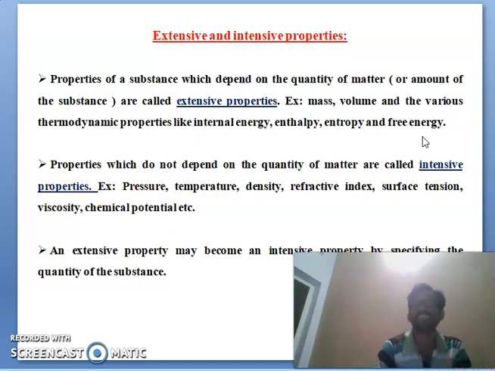Intensive properties are those which do not depend on the quantity of matter, for example pressure, temperature, density, refractive index, surface tension, viscosity, chemical potential, etc. Any extensive property may become an intensive property by specifying the quantity of the substance.